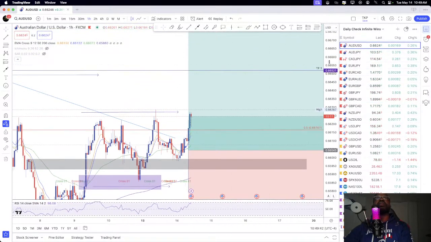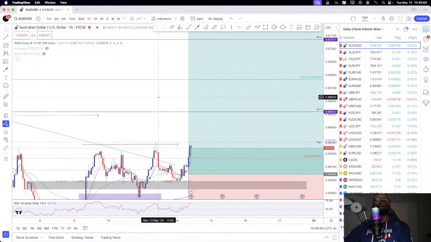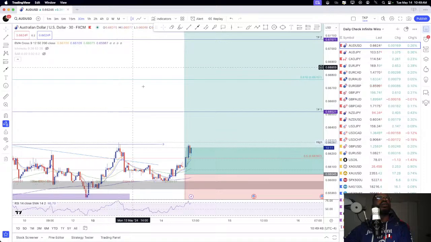Okay, so we got this AUD USD buy as well. Oh man, it came down but didn't quite hit our entry. Let's see. Oh no, we're in there.